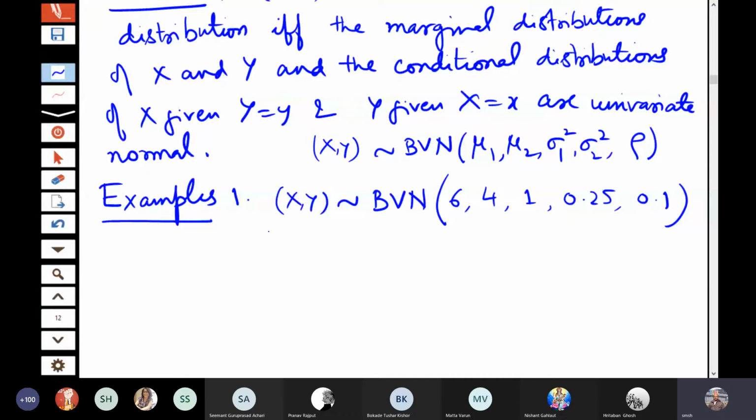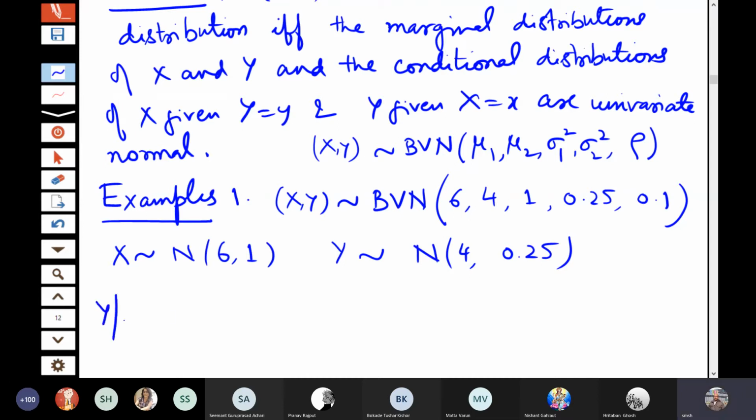So here what will be the marginal distribution? X will follow normal 6, 1. What will be the distribution of Y? That will be normal 4, 0.25, isn't it? For example, what will be the conditional distribution of, say, Y given X?